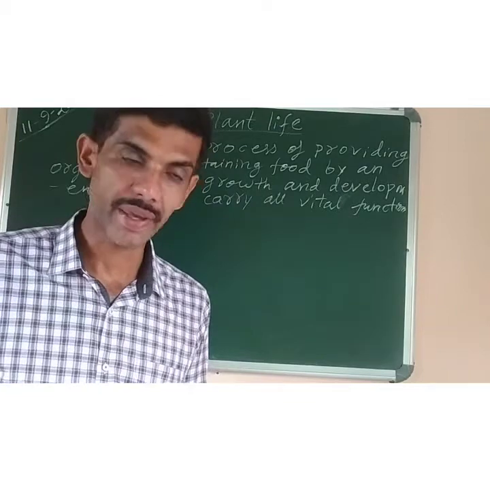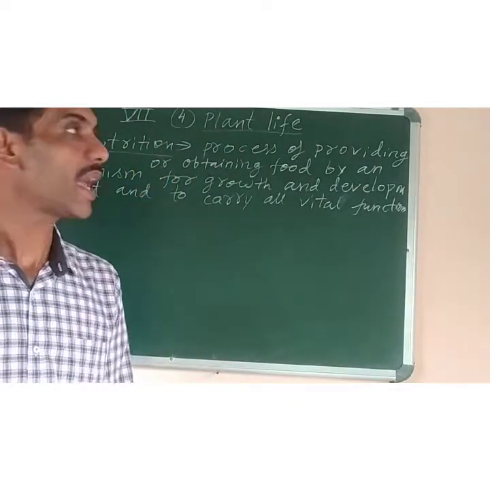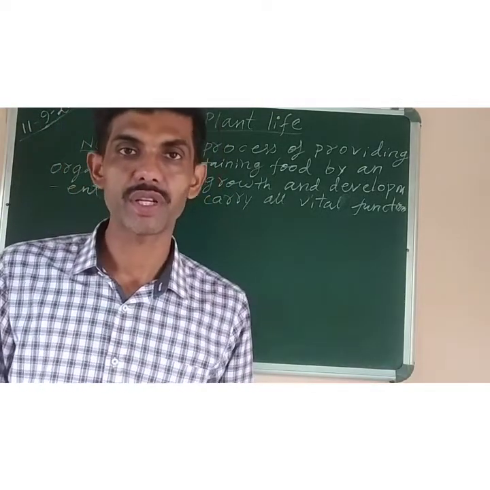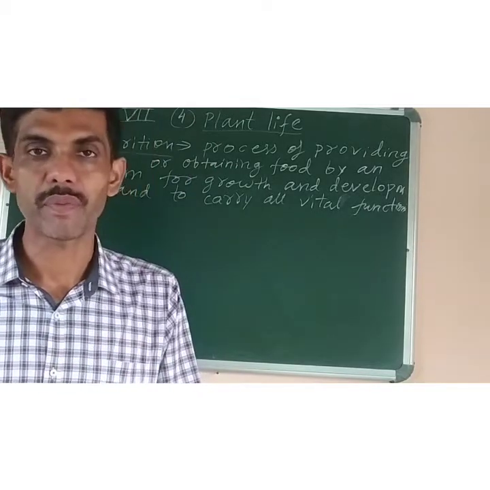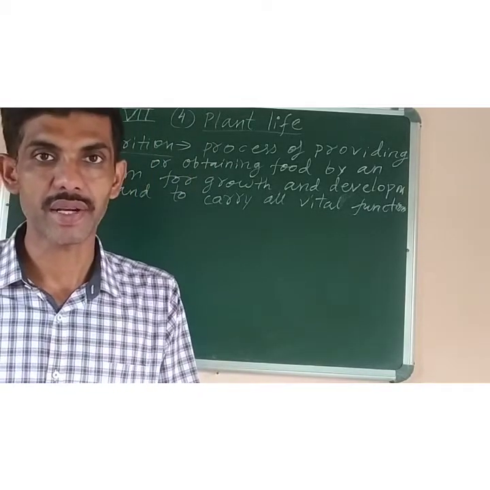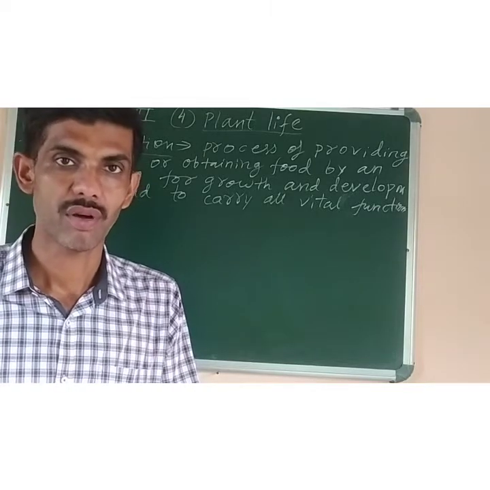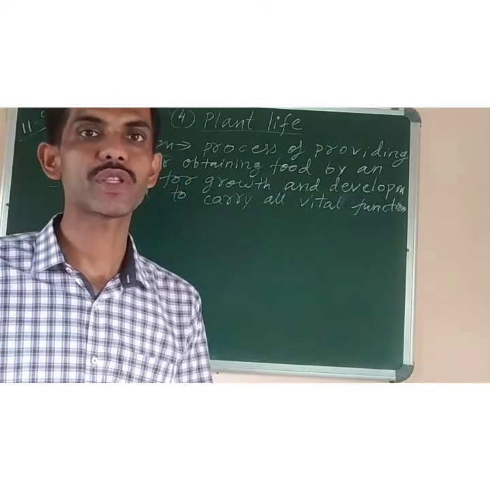And the mode of nutrition may be different in different kinds of organisms, depending on the food which they take. Animals cannot make their own food, so they have to depend on plants for their food. Such a mode of nutrition is called heterotrophic nutrition. All the green plants which can make their own food in the presence of sunlight, carbon dioxide and water are said to be producers or autotrophic, because auto means self, trophic means food.